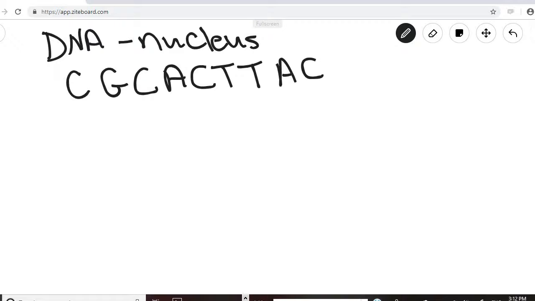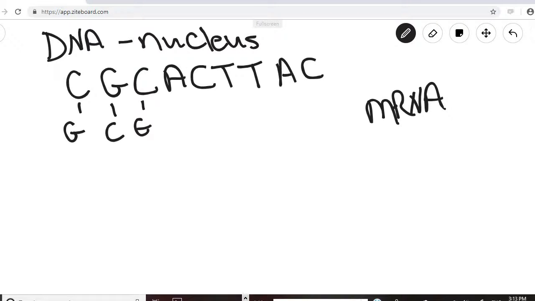And then what we said happens is that a type of RNA called messenger RNA will take a picture of this DNA in the nucleus, and it takes that picture by lining up its appropriate bases. So C will join with G, G will join with C, C with G. Remember that RNA does not have thymine, it has uracil.